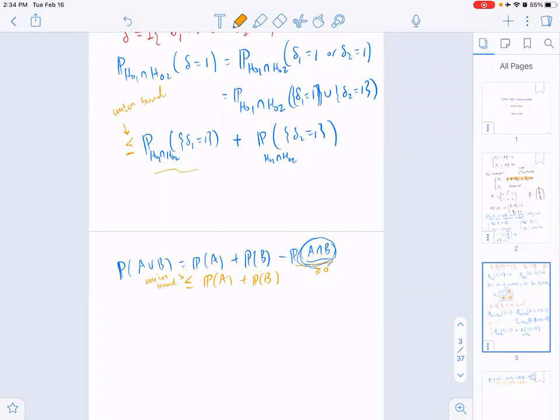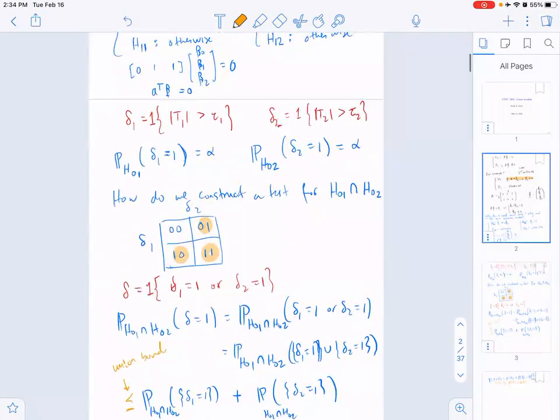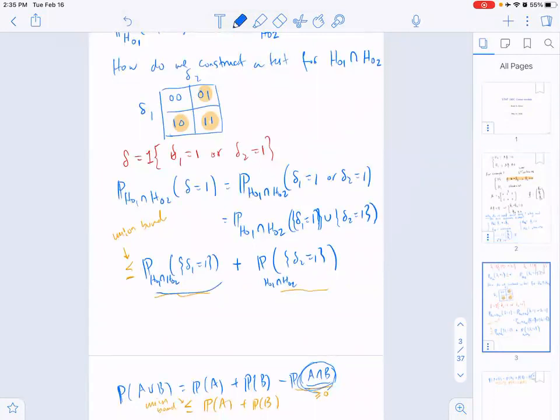So what do we know about these individual ones? So let's say I guarantee that these are less than, not necessarily equal, but less than or equal to alpha. What can I say about this one?